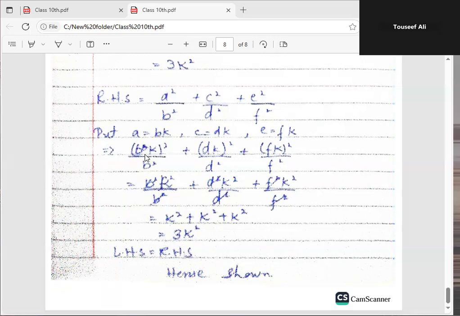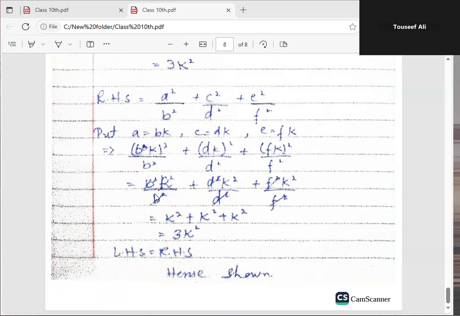Now the square is on b and k both, so I separate it: b square k square divided by b square, plus d square k square divided by d square, plus f square k square divided by f square.